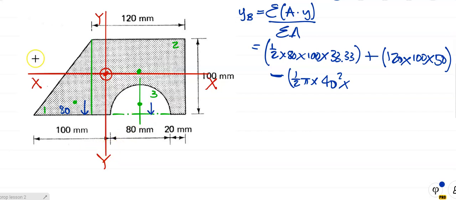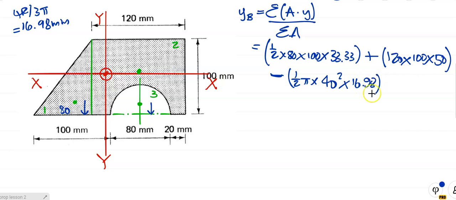I'm going to work it out quickly, and that is 16.98 millimeters. I'm going to just write it there, so I know that it's there somewhere. So y for my semicircle is 16.98.